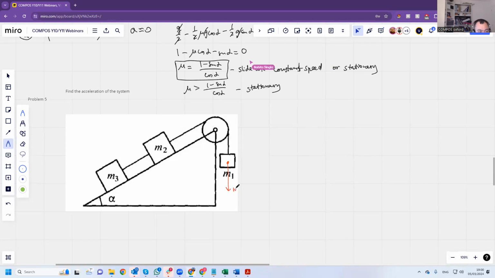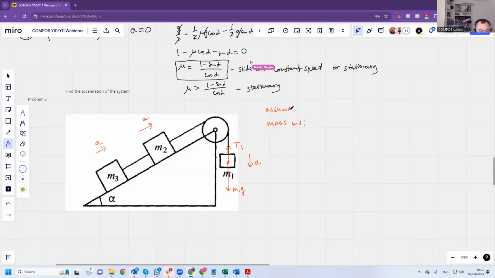So there's M1G and there's T1, tension 1, because there are 2 ropes, there are 2 different tensions. That's it for the mass 1, and we can immediately write down the equation. Assuming it is moving down, because why not? Remember, if we don't know which way it is moving, we just guess.